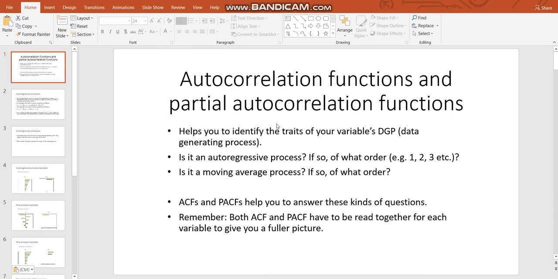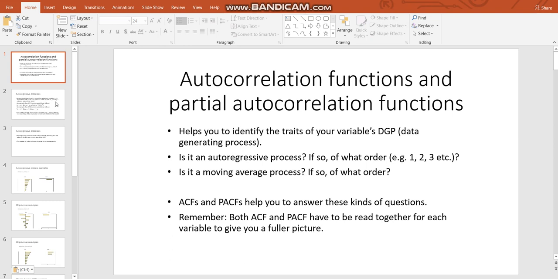And just from the outset, I think it should be noted that you can't do one or the other. You have to do both, and you have to read them together in order to get a clearer picture of the features of your variable.